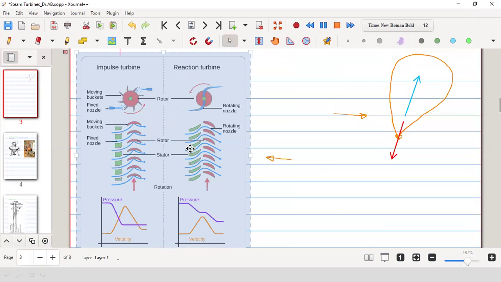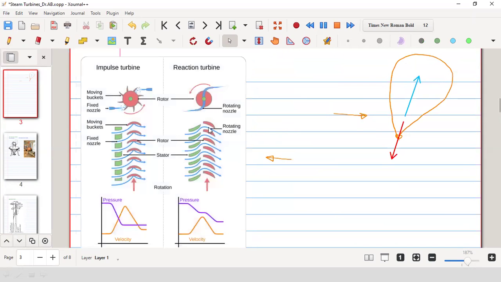Okay, I think it is completely visible. Now, impulse turbine, try to see what is happening. In the impulse turbine, there are two things in a particular stage. Where you have a water ejecting mechanism, that is a nozzle, and there is a moving component, that is the blade.